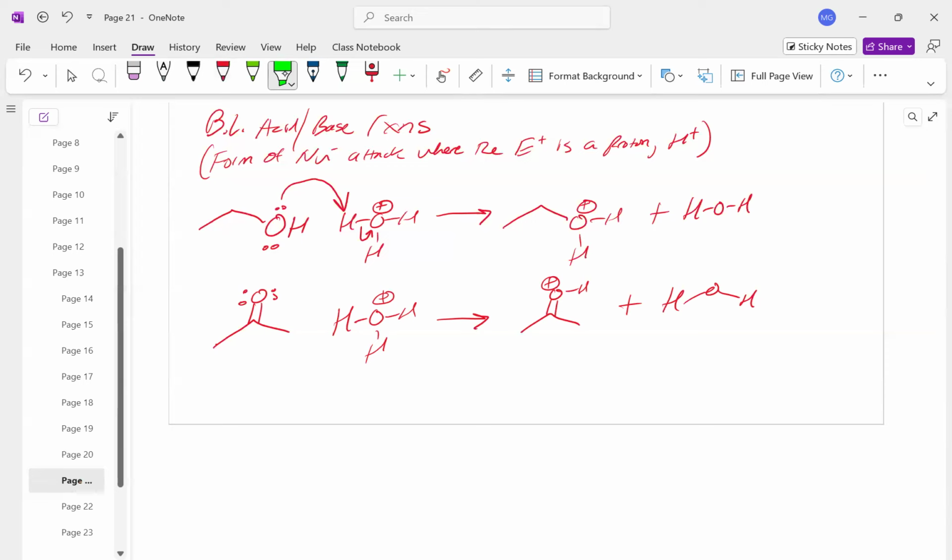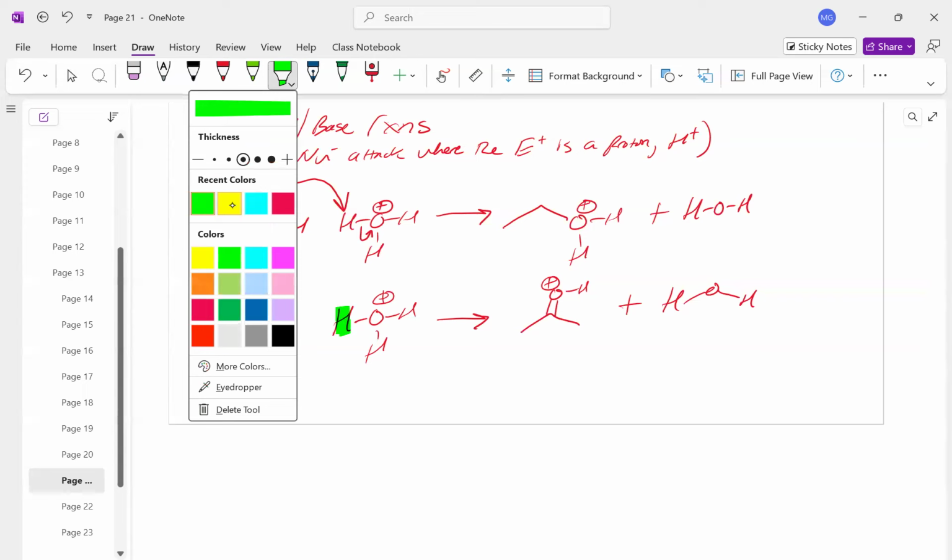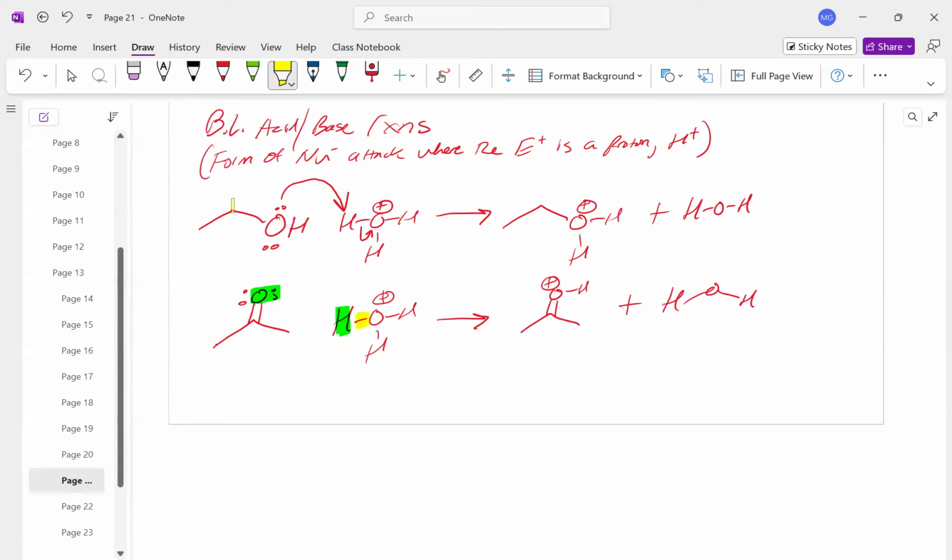One major thing that had to have happened is I'm forming a bond between an oxygen and a hydrogen, and then I'm breaking this bond here between the hydrogen and that oxygen. So let's draw a mechanism that demonstrates this. Again, this should be review, because this is just a Bronsted-Lowry acid-base reaction. I'm going to use the lone pair on this oxygen to pick up a hydrogen, make a bond to that hydrogen, and this bond has to break so that hydrogen only has one bond around it.